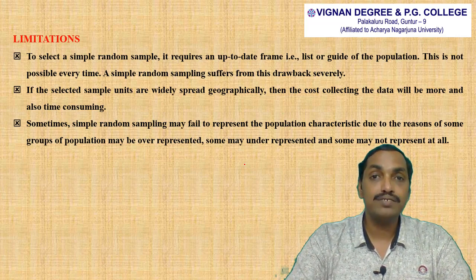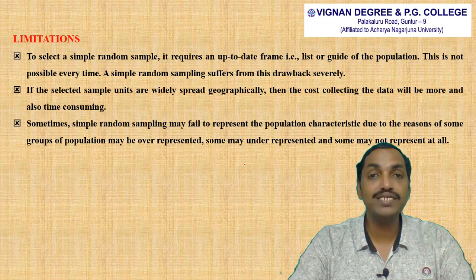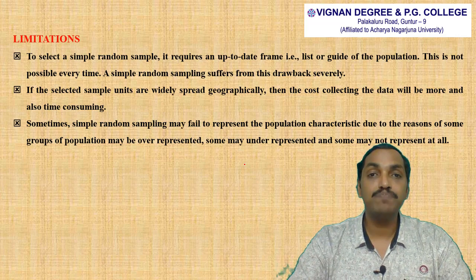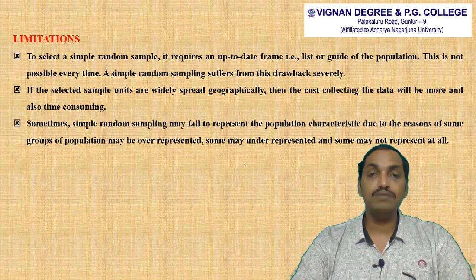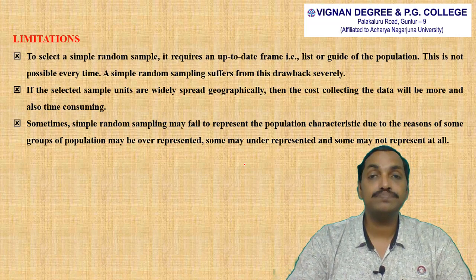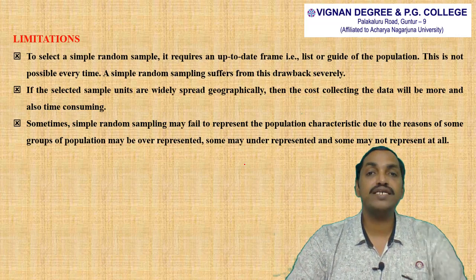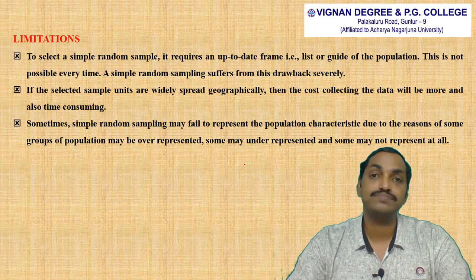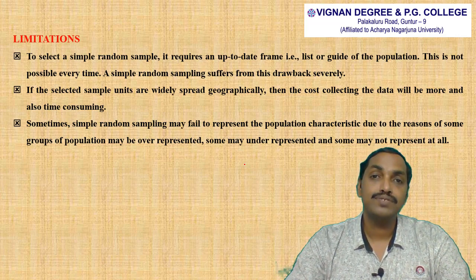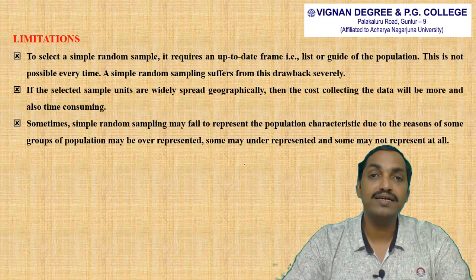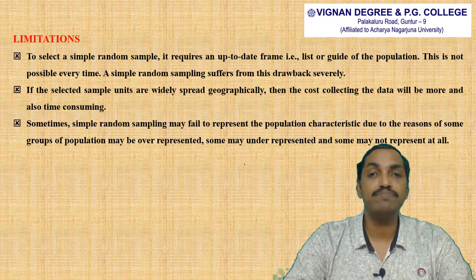So, those 1500 plus students are the elements of the population. Now, I need to conduct a seminar in a seminar hall, which is having a seating capacity of 300. Now, I need to select those 300 members from the population of 1500 members.